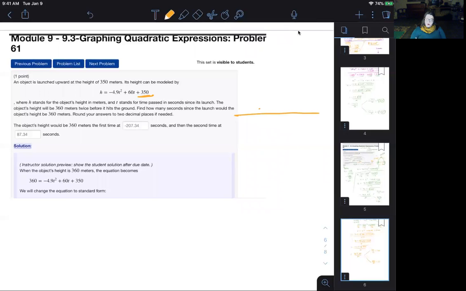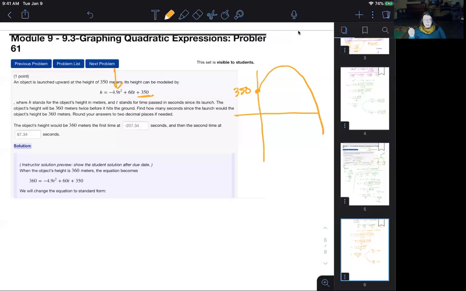So again, I know that the parabola is opening downward because the leading coefficient is negative, and the y-intercept is going to be 350. So we're going to see this shape like this. Okay. And then where h stands for the object's height in meters and t stands for the time that's passed in seconds since its launch, the object's height will be 360 meters twice before it hits the ground.